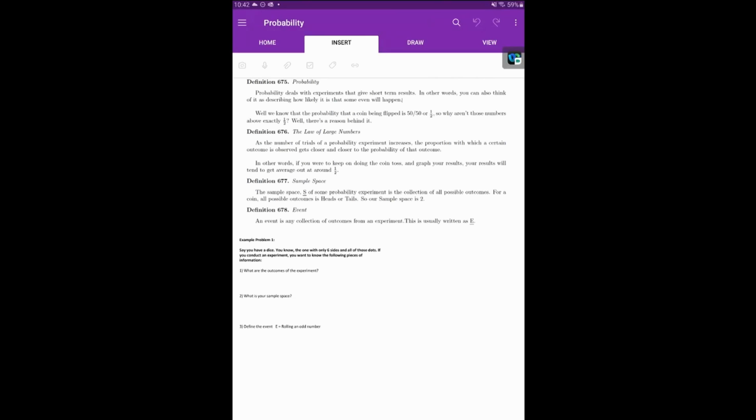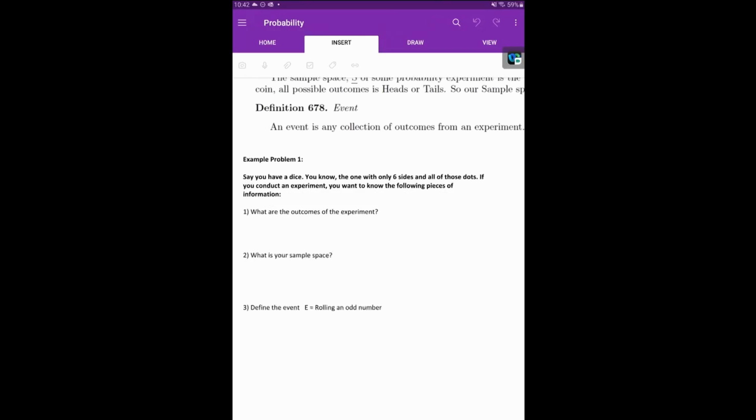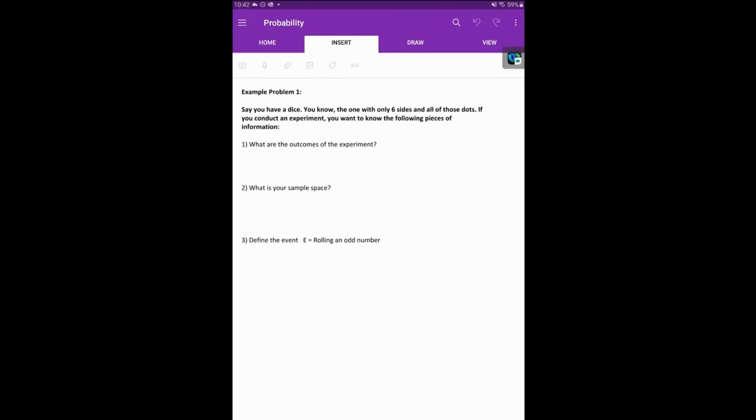So let's look at an example. Let's say you have a fair dice, just one dice, the one that's got 6 numbers on it, all those dots. If you conduct an experiment, you want to know the following pieces of information.